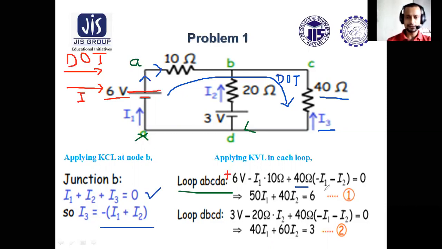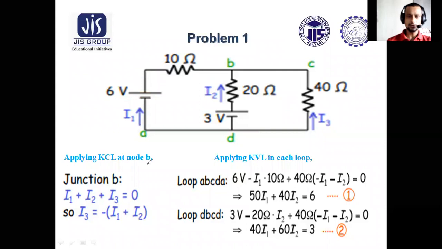So it is simply substituted, I3 is substituted by minus of I1 minus I2, that is equals to 0, having a positive sign as DOT and direction of current are in opposite direction. So by simplifying this one, we'll get this equation. So hopefully how to get this equation for the outer loop applying KVL is clear to everyone.